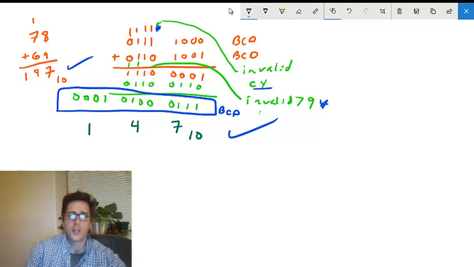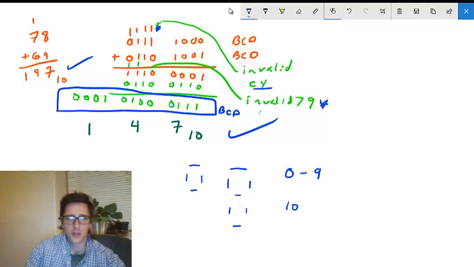You can think about it too: if you have a 7-segment display and you have to carry, so if you had a number that was beyond this digit to carry into this digit, it's going to be invalid. Okay, so you can only have 0 through 9. If you have 10 or anything above it, you're going to need another one of these things.